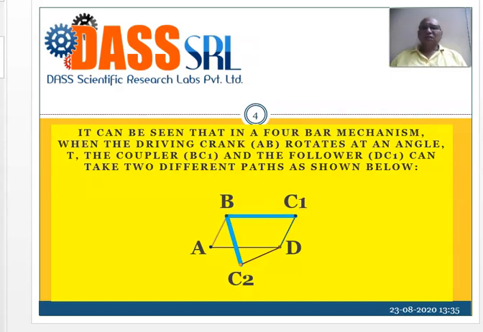It can be seen that in a 4-bar mechanism, when the driving crank AB in the diagram rotates at an angle T, the coupler moves in two different paths, BC1 or BC2, and then it reaches D. So this is shown also diagrammatically. When AB rotates, then the path can be followed ABC1D or ABC2D.